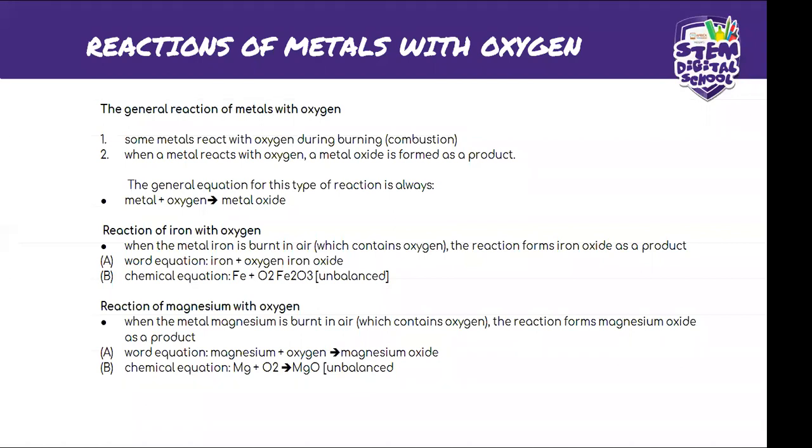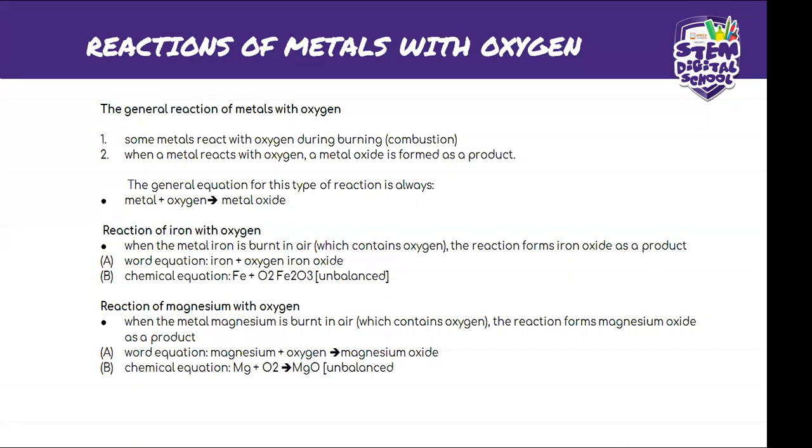So metals reacting with oxygen is combustion, and the product formed is metal oxide. The general equation for this type of reaction is always written like this. It's a word equation: metal plus oxygen gives us metal oxide.